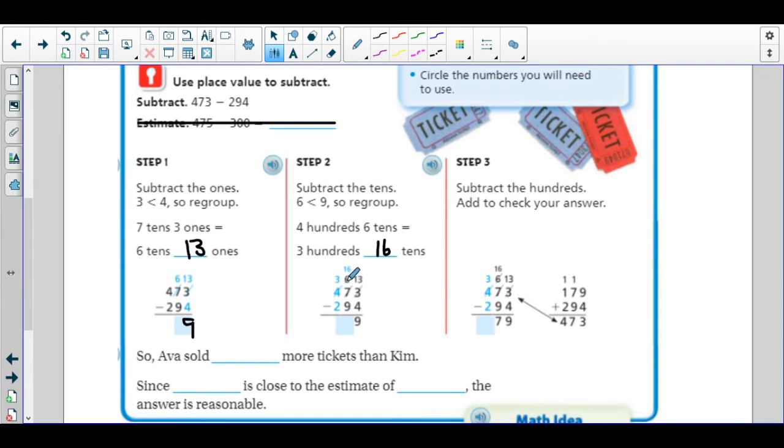And then all we would do is subtract right there. 16 minus 9 is 7. And then subtract the hundreds. All right, 3 minus 2 is 1.